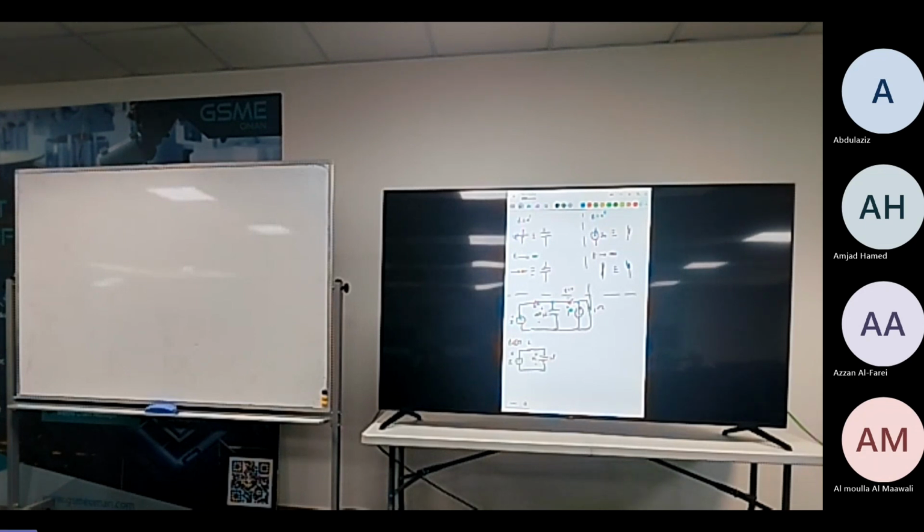That means the capacitor should be charged or discharged to some value. We don't know how much yet, we will calculate it, but we know that after a while the capacitor should be at steady state. How much is the voltage of the capacitor?